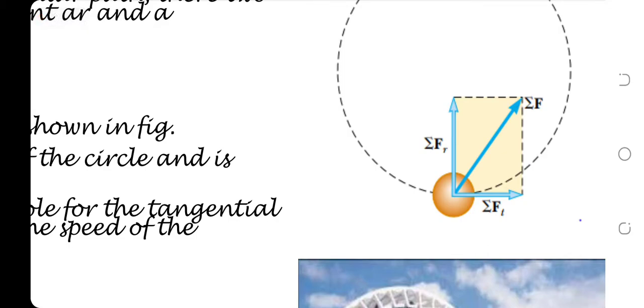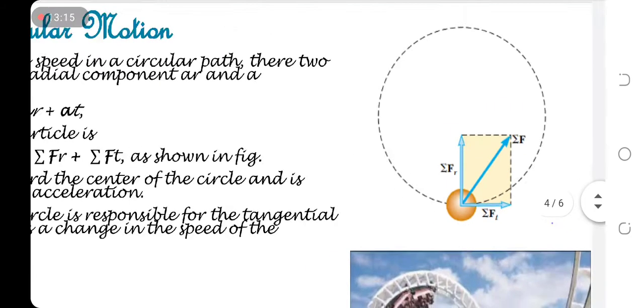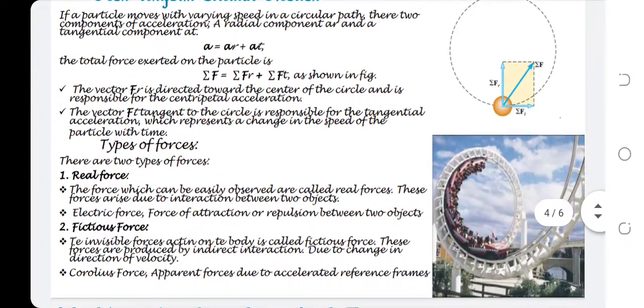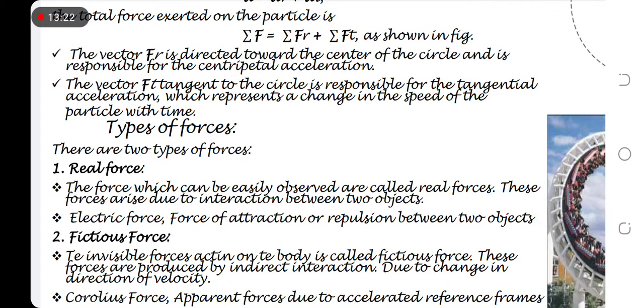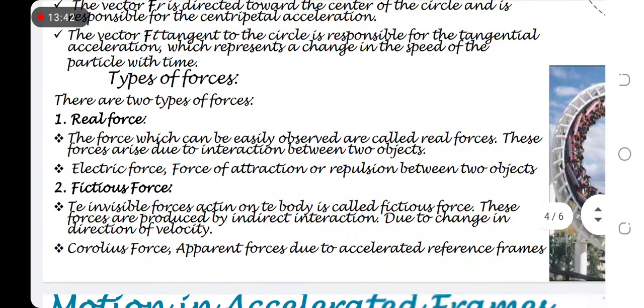The resultant of both is ΣF, that is neither directed toward the center nor along the tangent. The vector F_r is directed towards the center of the circle, is perpendicular, and is responsible for the centripetal acceleration. The vector F_t, tangent to the circle, is responsible for the tangential acceleration, which represents a change in the speed of the particle with time.